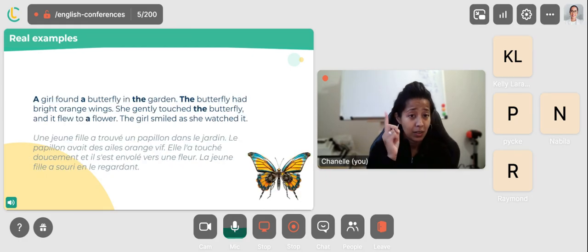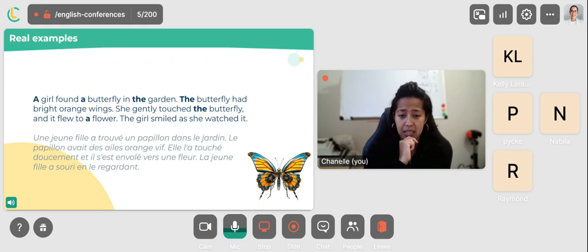A girl, why? Because it begins with a consonant, found a butterfly in the garden. So why didn't we say "in a garden"? Because the person who is saying the phrases has a garden, and they are being precise about it: it is the garden of their home. So they are saying "the garden". The butterfly had bright orange wings.